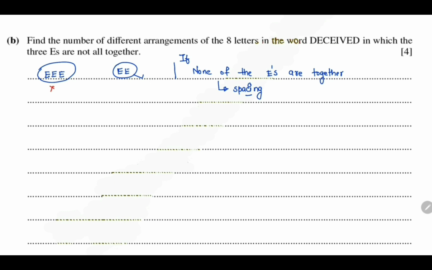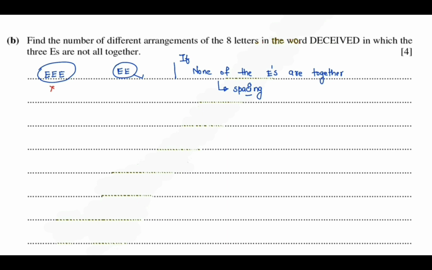If in some question it is given that none of the three objects are together, none of the E's are together, none of the adults are together, and those objects are more than two, we will be using the spacing method. But in this question it is given that the three E's are not all together, which means two E's can be together.